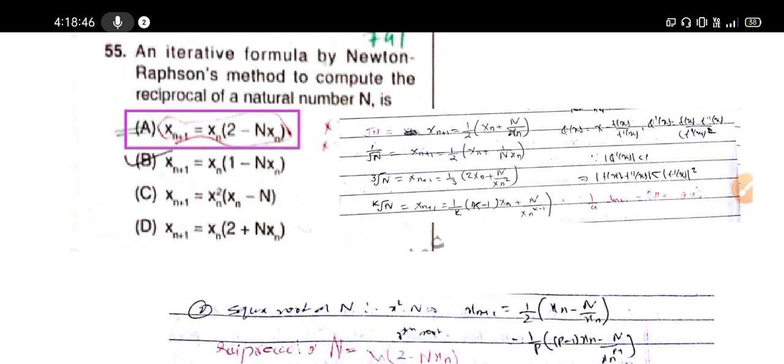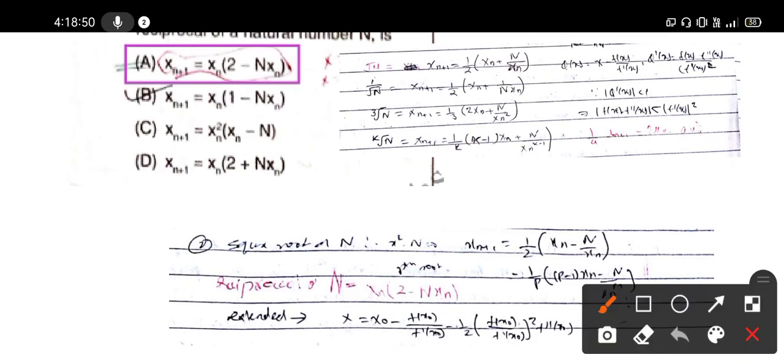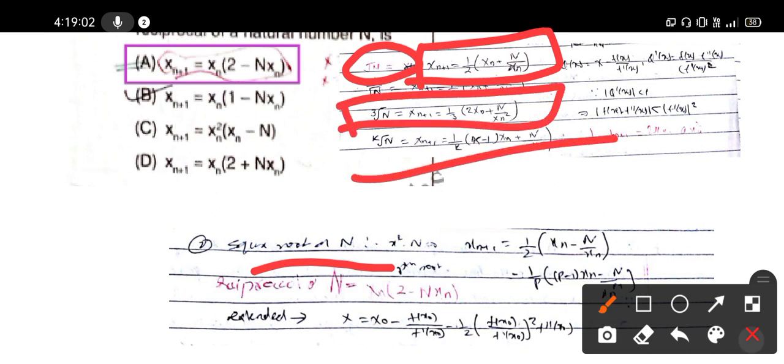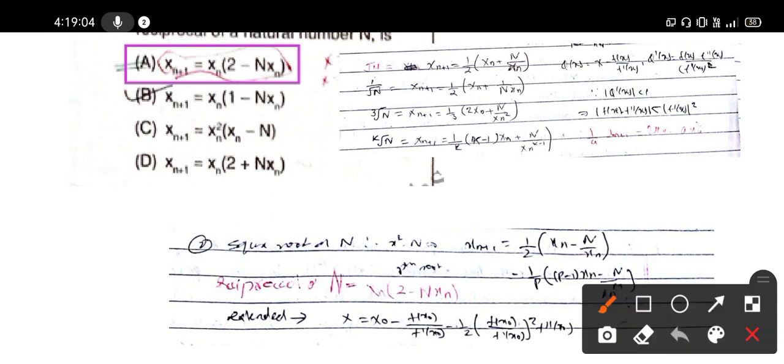Here is one formula to find square root of n, then xn plus 1 is equal to 1 by 2 of xn plus n upon xn, this is the formula. And this is also a formula, you can check. And here for the reciprocal of n, that is xn into 2 minus n xn. Option A is correct.